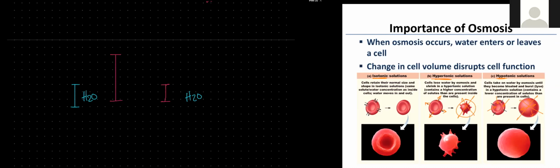Compared to having less solute means I have higher water content. So I cannot allow the transport of the solute here across the membrane. This membrane is impermeable for the solute, but it's permeable for the water.